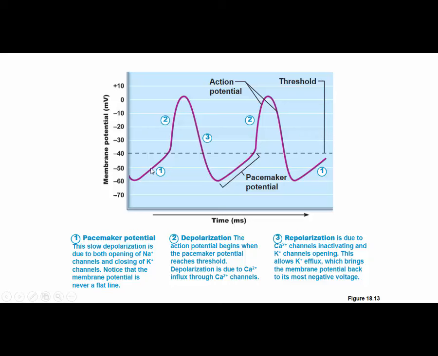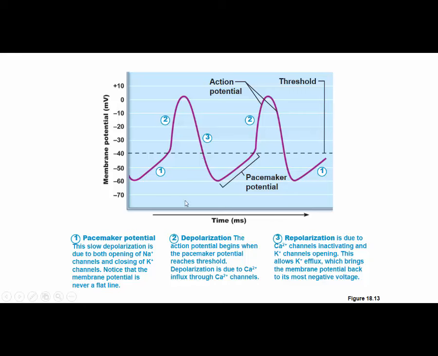And then once it drifts towards threshold, it fires off a depolarization, but the depolarization here is not sodium again, it's calcium. So we have slow sodium channels, then voltage-gated calcium channels, and then again potassium. Potassium doesn't change. It still causes the repolarization.